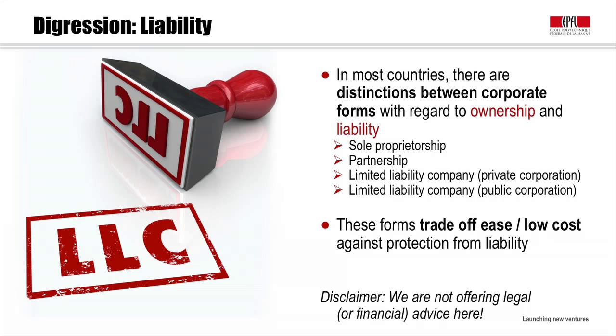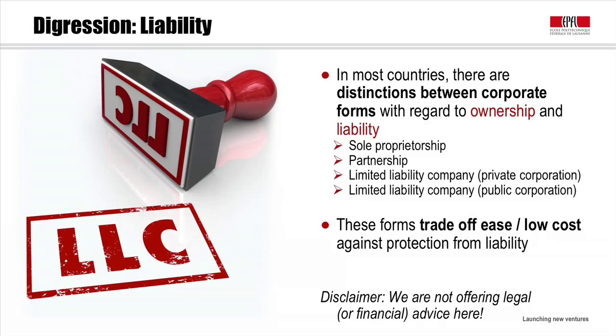And what we're going to do is draw some distinctions. The first two on this list are the ones where your liability is technically unlimited, or at least only limited by your own personal assets. The sole proprietorship is when you are in business for yourself and your company is an extension of your own person.